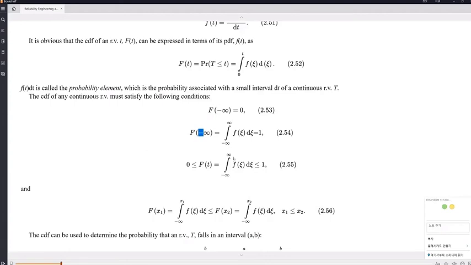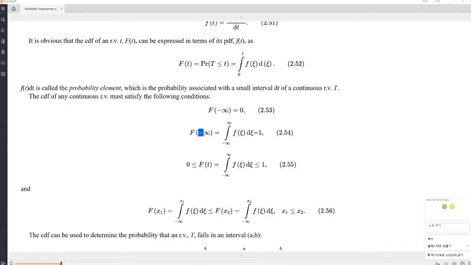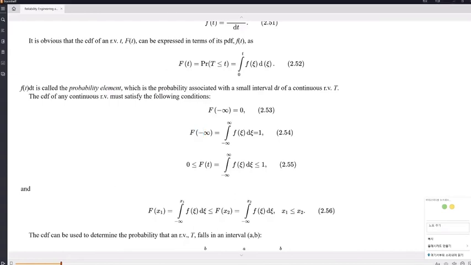T and between, well, another typo here. This is not infinity, this should be simply t.